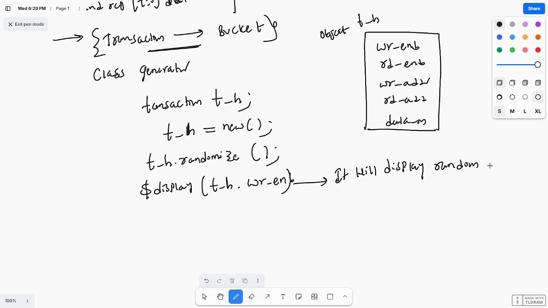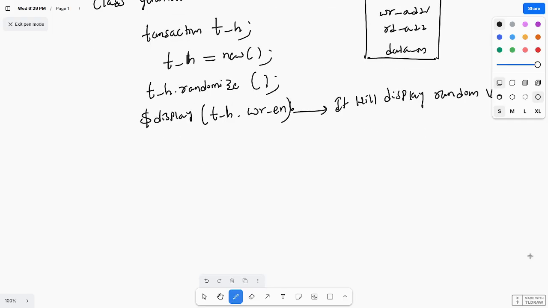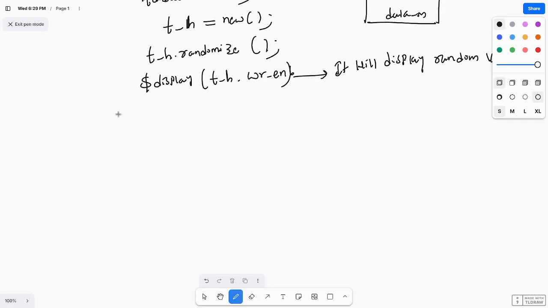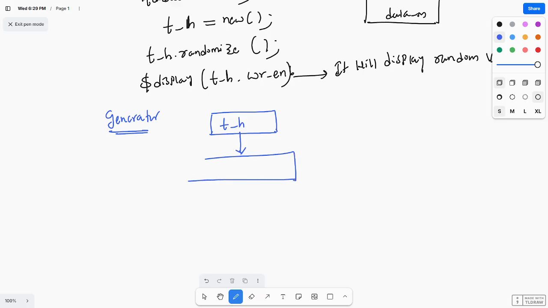So here there is a generator, and t_h is the handle. You are generating the random values.